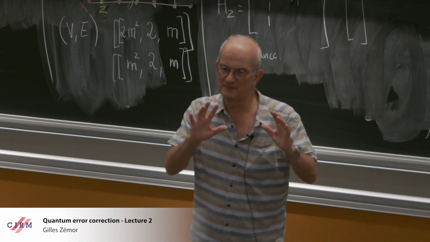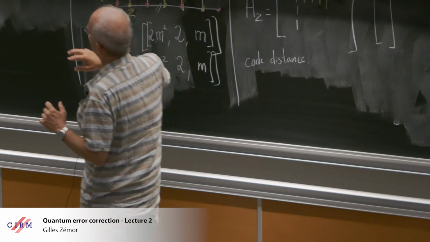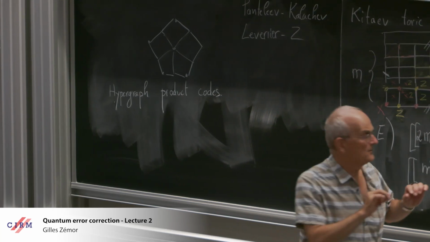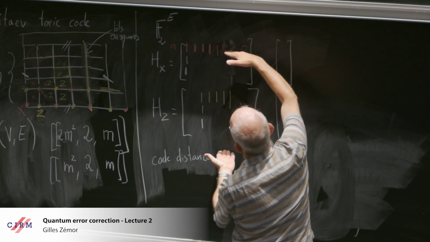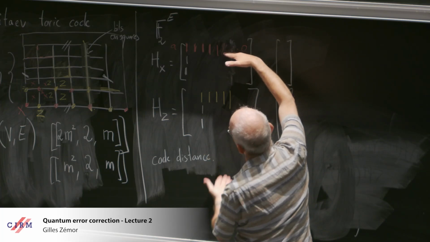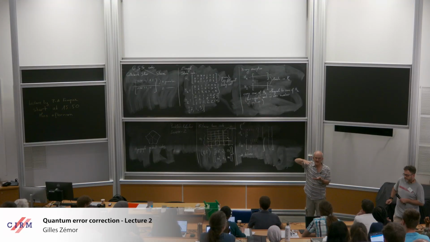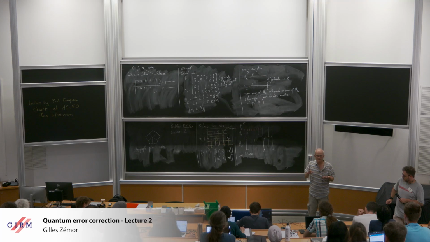You can define it in very much the same way, but the grid is different, and because the grid is slightly different, if you put a degree 5 here instead of a degree 4, then the number of generators that you have in HX and HZ are not close to n, the total number of qubits, anymore, and you end up with a dimension which grows linearly with n. Also, in the other constructions that I've briefly mentioned, you encode much more than 1 qubit.